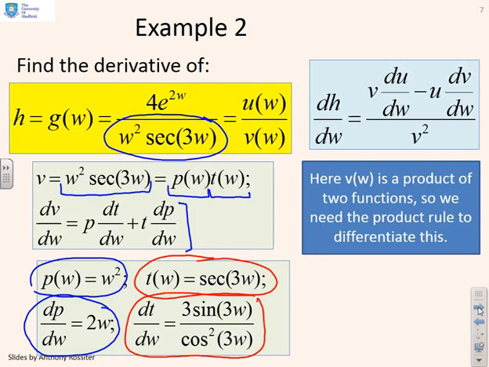So all I'm going to do now is plug these values into this formula in order to find dv/dw. So all I've done so far is use the product rule on the denominator because I want to find dv/dw. That's all I've done on this page, find dv/dw.